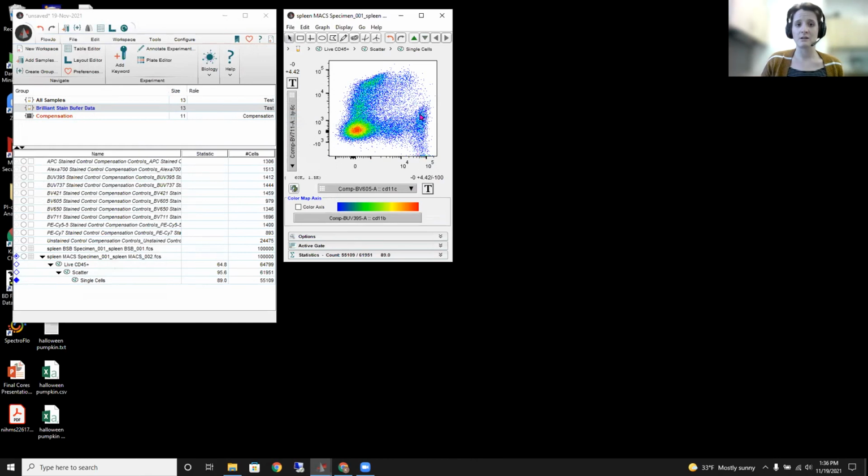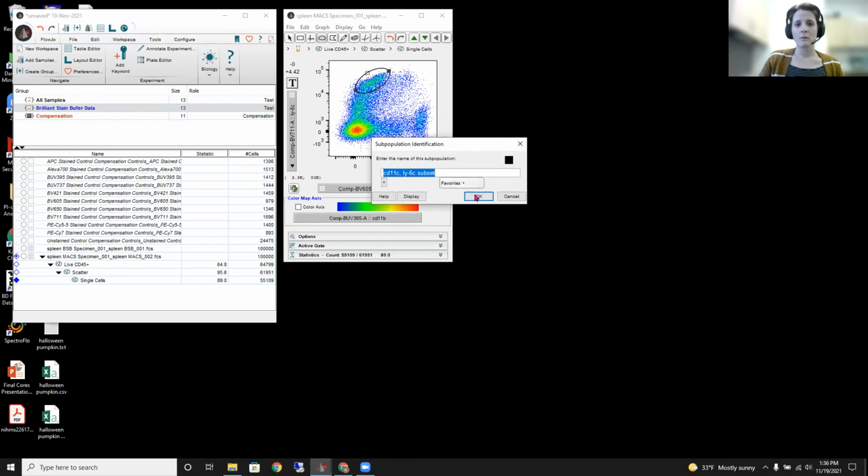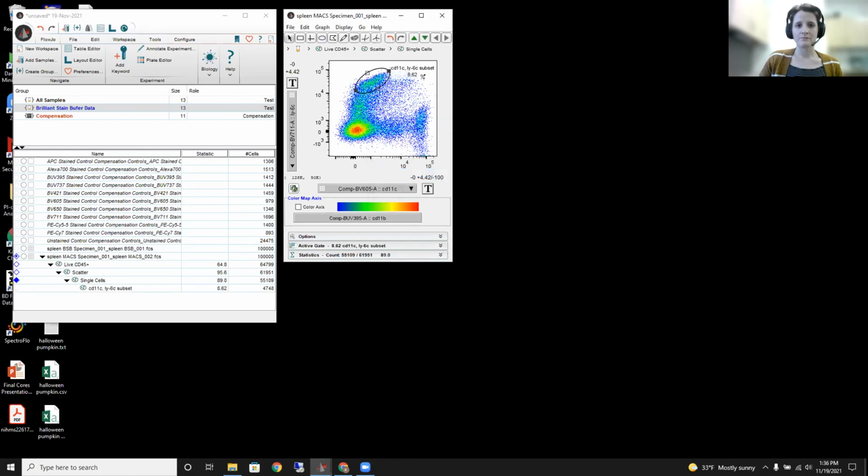So we see that distribution that we expect to see when there's high spread. But what we also see is this population right here. When we're looking at this population, we're able to resolve it, but it doesn't look like what we expect flow cytometry data to look like that's been compensated or unmixed correctly.